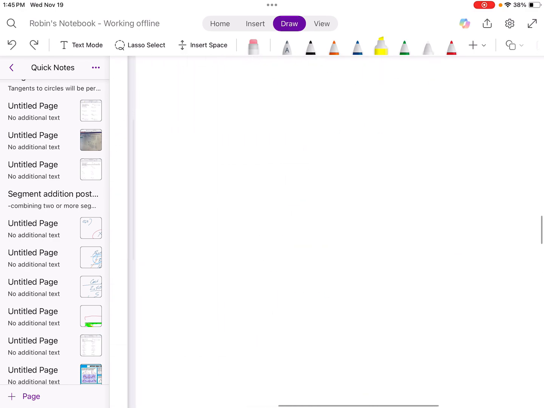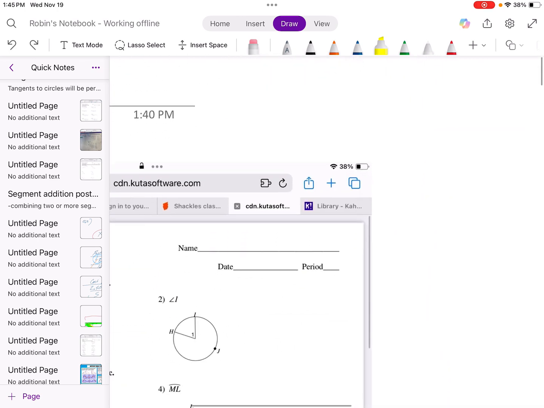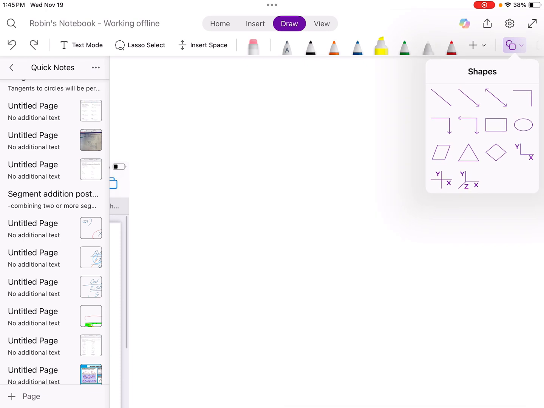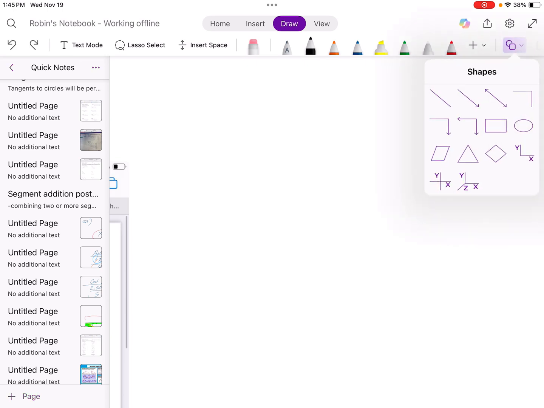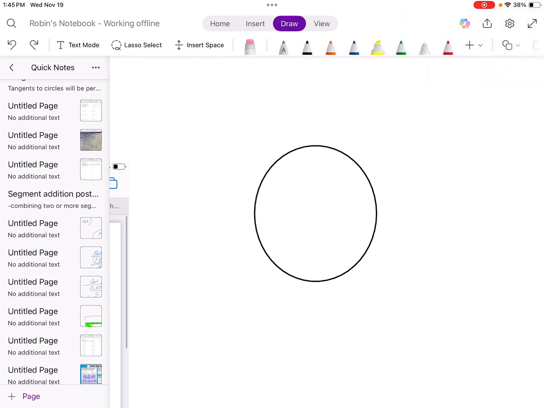Now, here's the basic idea. Anytime you're talking about a circle, let me do that with an actual piece. Right.